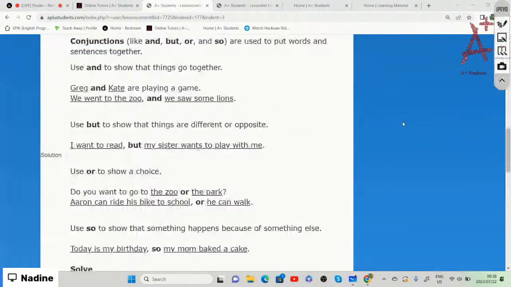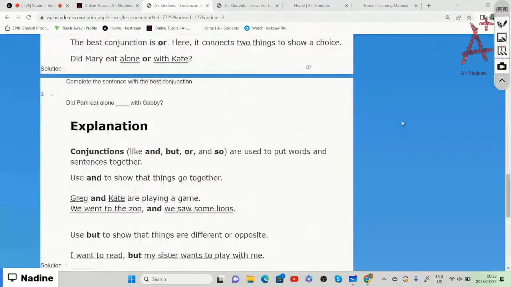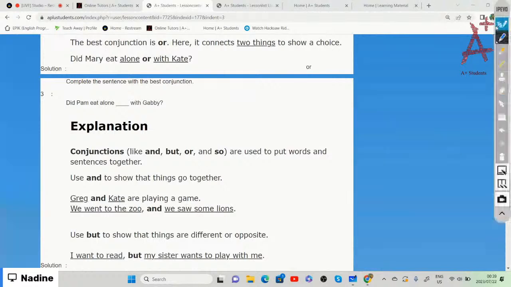You choose. Did Pam eat alone with Gabby? So did Pam eat alone? And we can fill in the correct word by saying or with Gabby. Or. So did Pam eat alone or did she eat with Gabby?